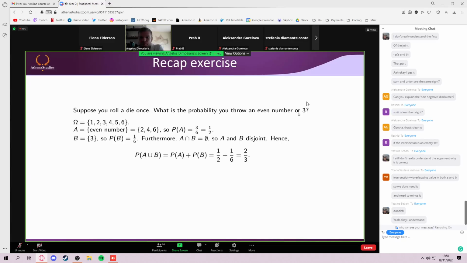right? So first, let's see if they are joint or disjoint. Now, if you throw an even number, you throw 2, 4, 6. If you throw a number 3, it's not included here. So A and B are disjoint. You cannot throw 2, 4, 6, and 3 at the same time. So they're totally disjoint.